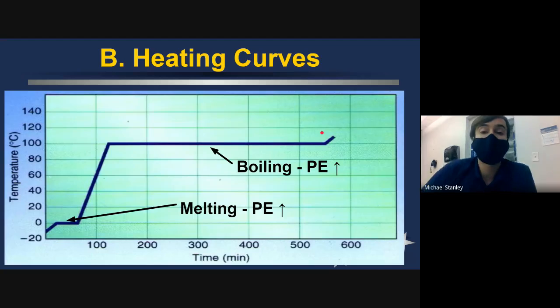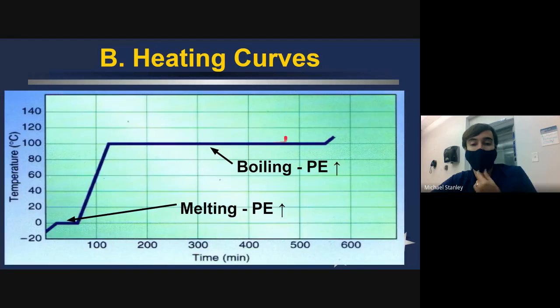But while this boiling process is going on, the temperature is staying the same. It's not going up. That's why we get this second big flat line on our heating curve. No temperature increase because of the boiling that's going on.